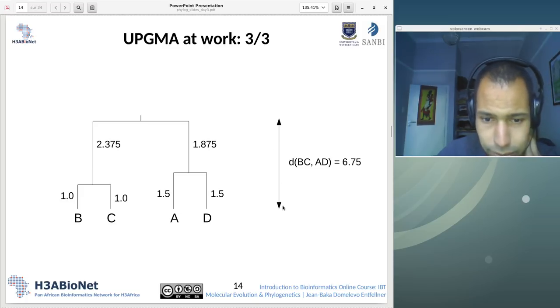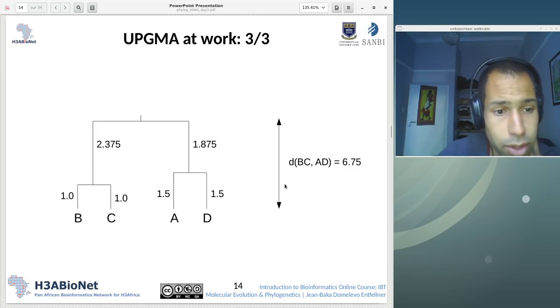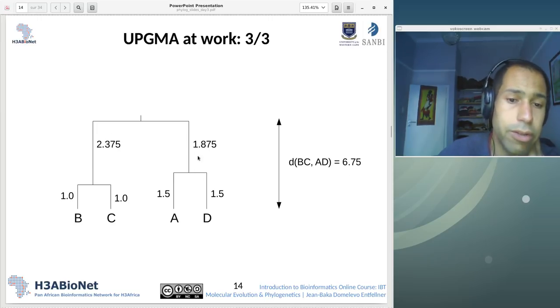It's not correct to say this is this height. This height is this divided by 2, right? So this height is 3.375. Okay, and that's indeed 2.375 plus 1. Okay, 3.375 times 2 is 6.75, right? And then you calculate the branch length here, that is this divided by 2 minus 1.5 to get this distance, right? So you have your final tree, and this tree is rooted.